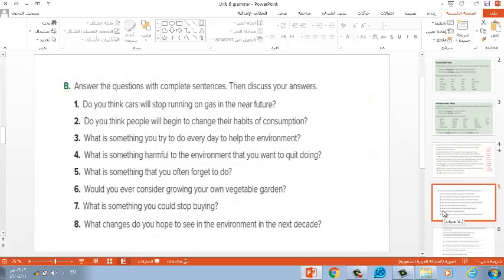Now another exercise is to answer the questions with complete sentences. Then discuss your answers. Do you think cars will stop running on gas in the near future? What do you think?